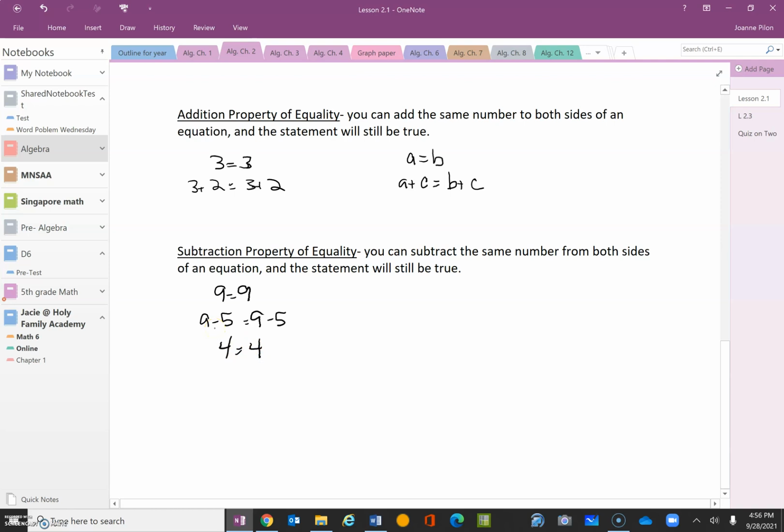Again, algebra, a little differently. If I say A equals B, well, if I go A take away C, then because A is B, then B minus C is the same. And I can't go farther than that once I have algebra because I don't have numbers.